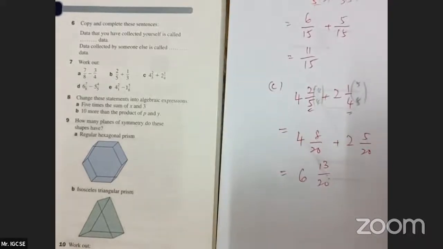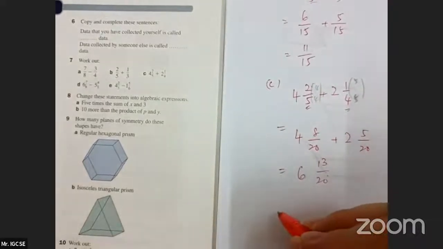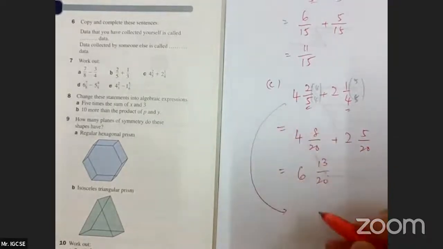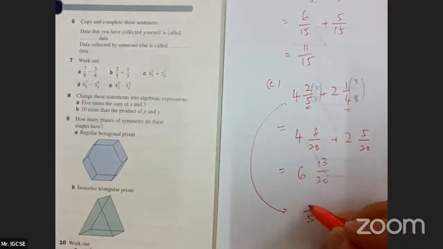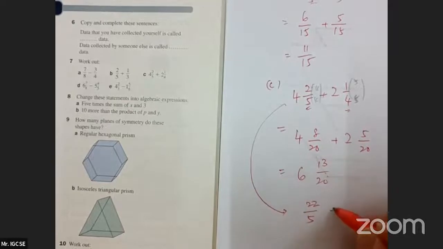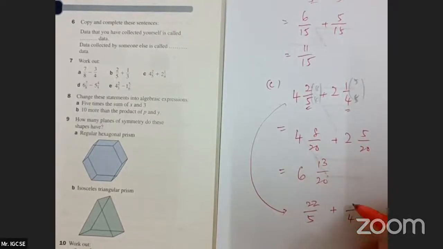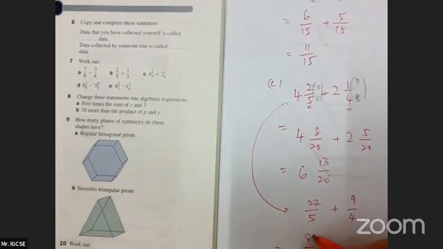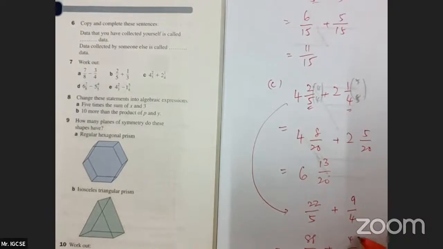On the other way, you can do it as an improper fraction. From here we know that this one will become 22/5, and this one will become 9/4. So now you can change to the denominator 20. So this is 88, and then this is 45.